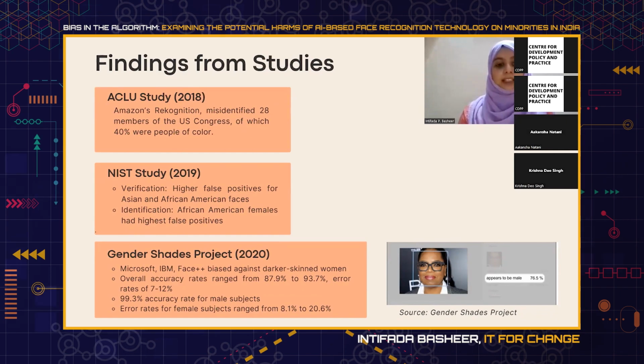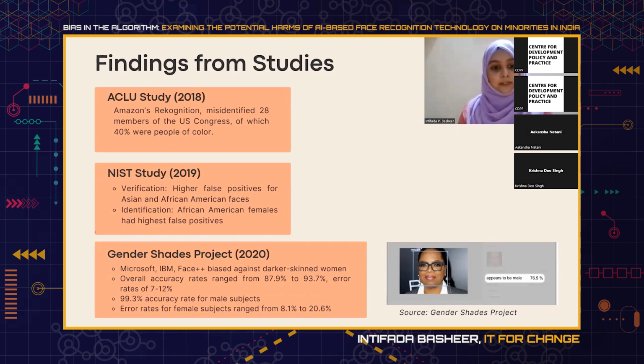But then when you look at the accuracy rates for male subjects and female subjects, that's when the disparity really comes into the picture. So one of these algorithms, the Face++ algorithm, produced an accuracy rate of 99.3% when tested on male subjects.